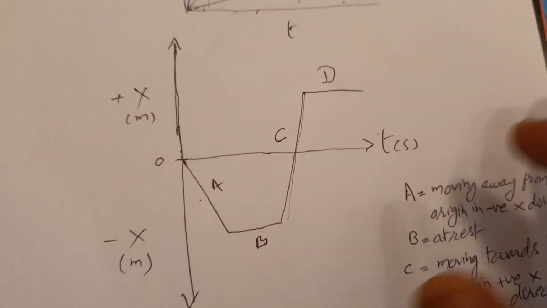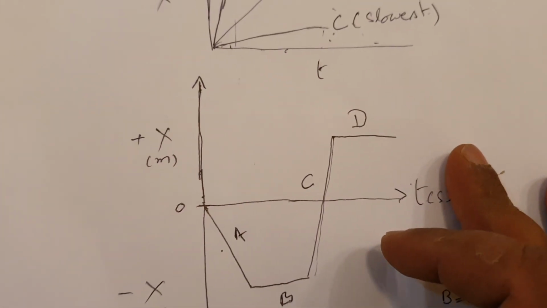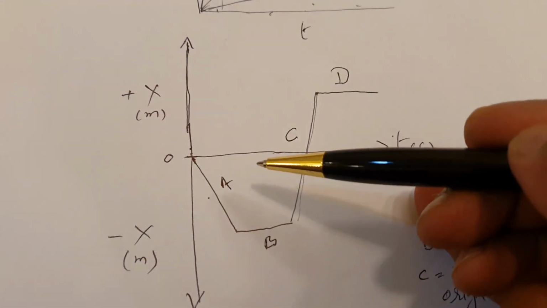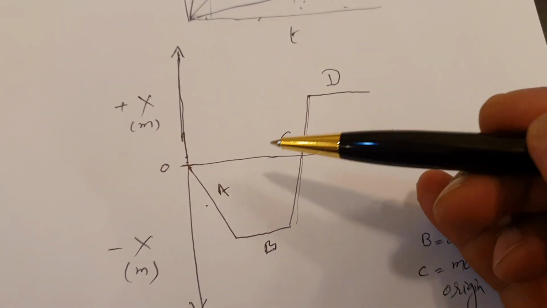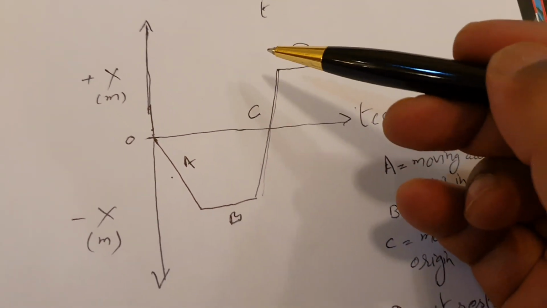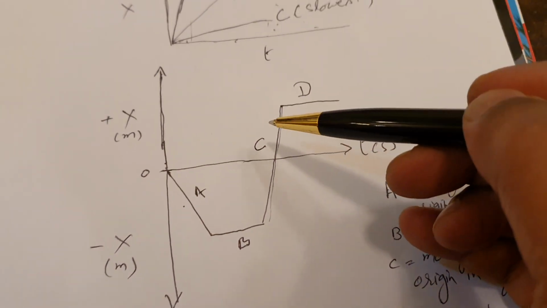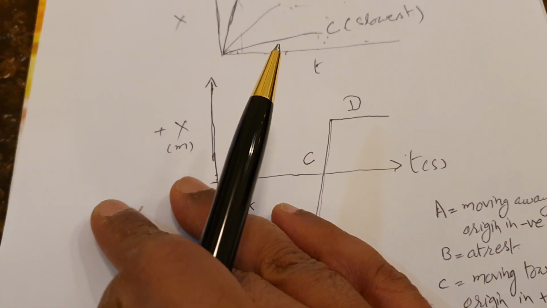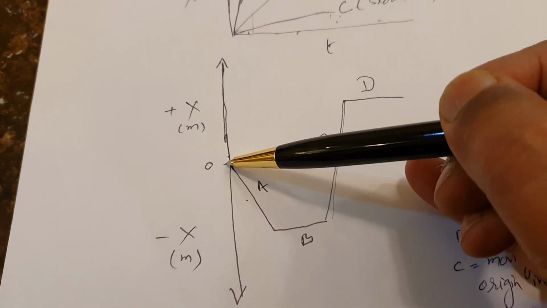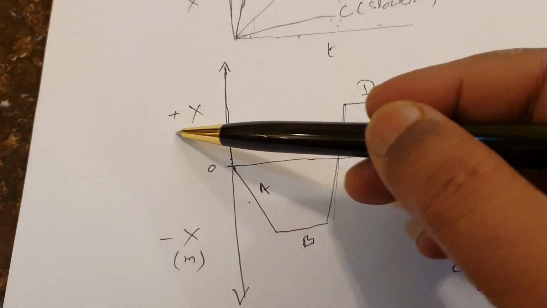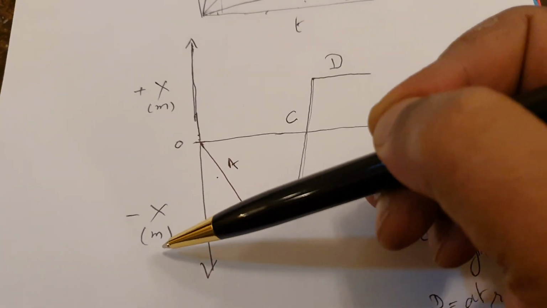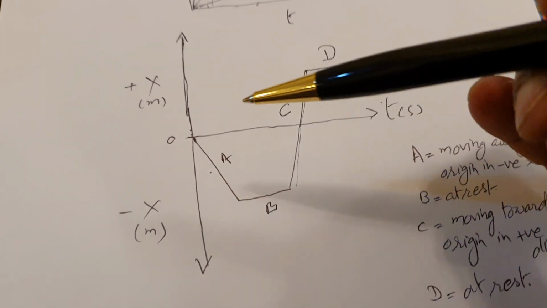Hello guys, so we will continue our discussion on position time graph, and this was the question that we were discussing last time, that what does each part of this graph represent. So if you see that this is the origin, and above this we have positive displacement, below this we have negative displacement.